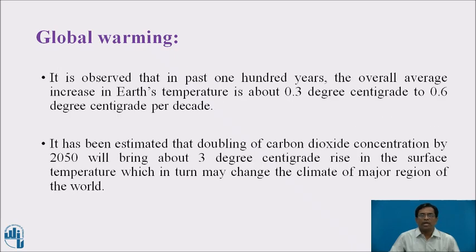It is observed that in the past 100 years, the overall average increase in Earth's temperature is about 0.3 degrees centigrade to 0.6 degrees centigrade per decade. It has been estimated that doubling of carbon dioxide concentration by 2050 will bring about a 3 degree centigrade rise in surface temperature, which in turn may change the climate of a major region of the world.